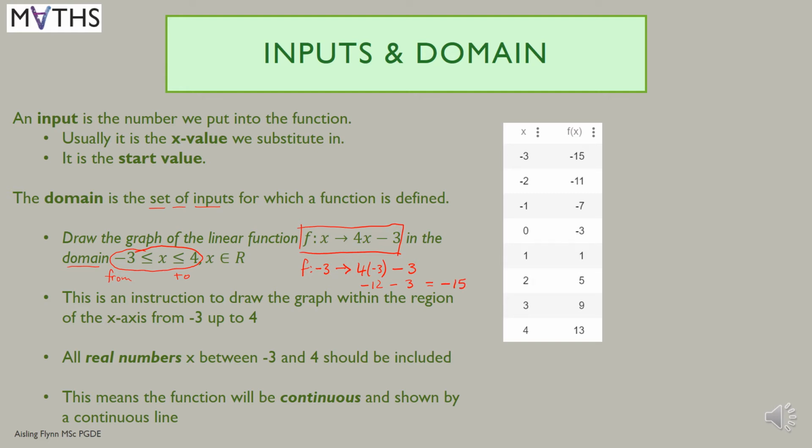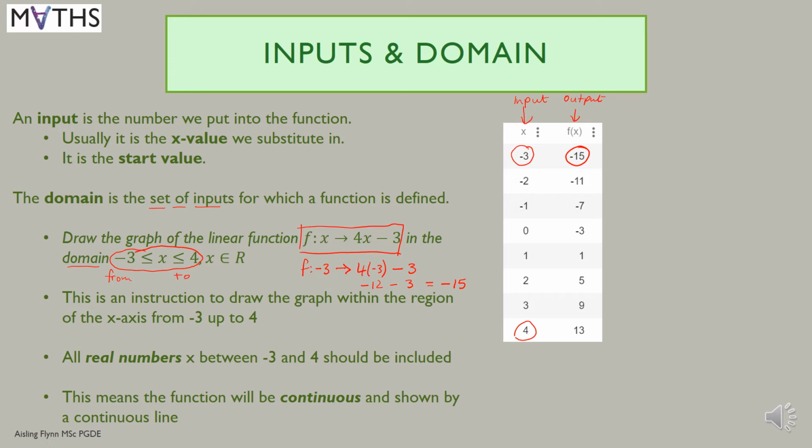Here you can see that in this table. When your x value or your input is minus 3, your output or your function value is minus 15, and you would do that for some more numbers. Usually we go up in ones, up as far as plus 4.